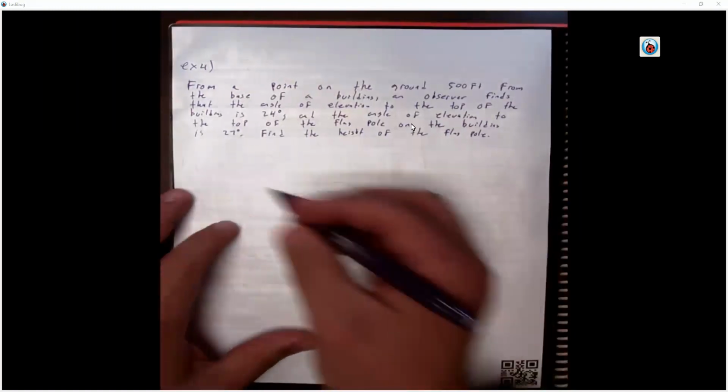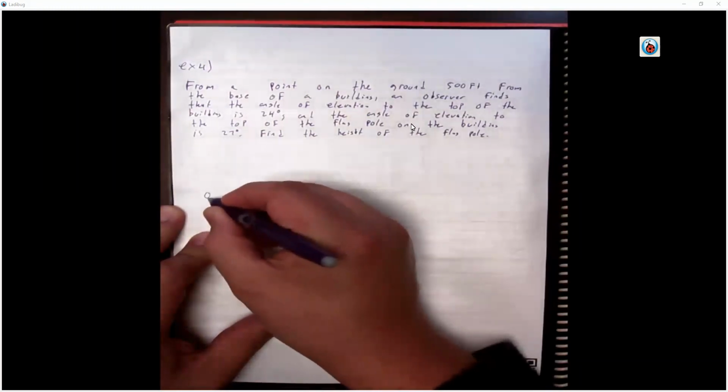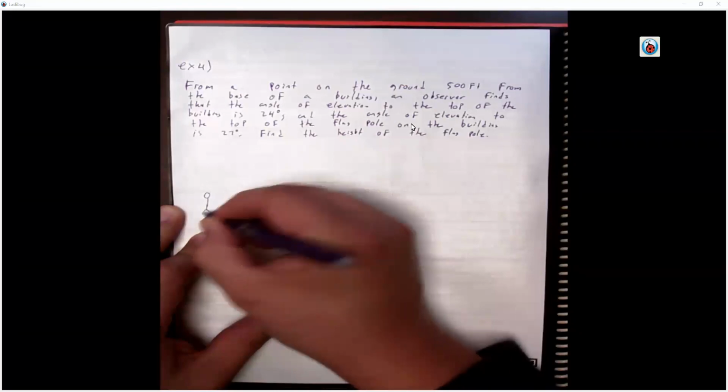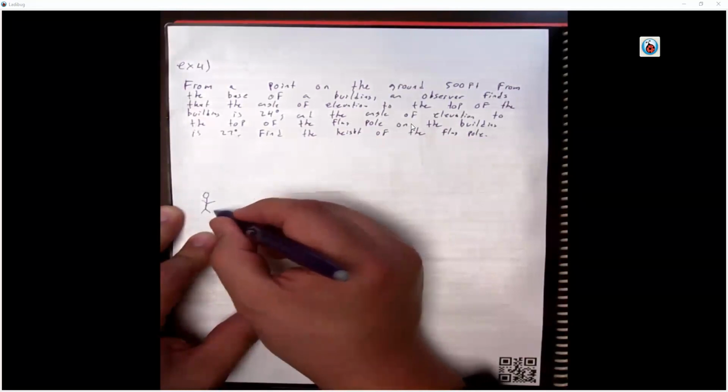So let's draw that out. Observer finds that angle of elevation to the top of the building is 24 degrees, and the angle of elevation to the top of the flagpole on the building is 27. Find the height of the flagpole. Okay, so let's draw this up. Let's say you're down here just hanging out, and you're really curious, like, how big is that flagpole?